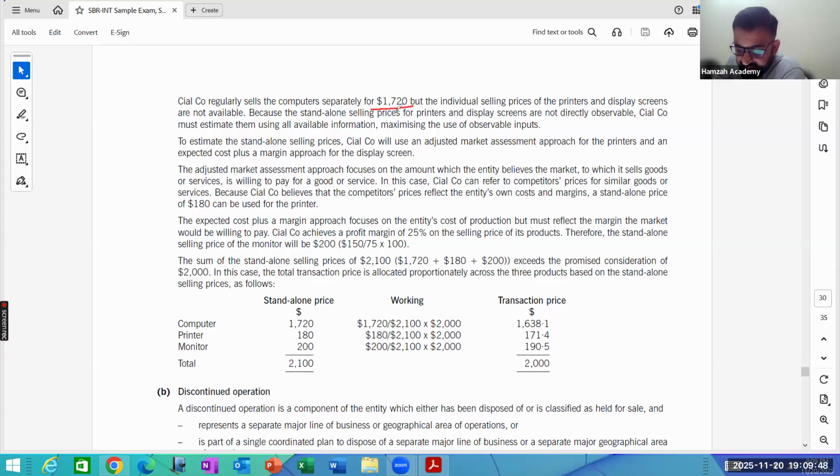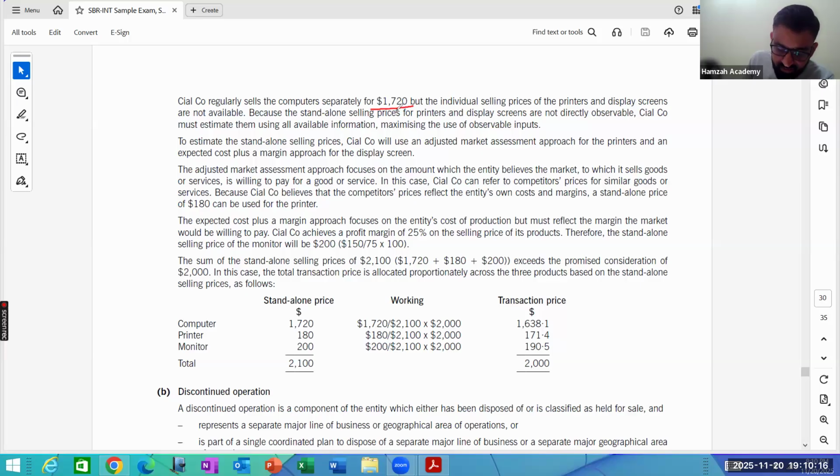In this case, the company can refer to a competitive price for similar goods or services because the company believes the competitor's price reflects the entity's own cost and margin. The standalone selling price of the printer will be 180, by the market assessment approach. And for the screen, they will take the cost and add their margin. So for the monitor, it is 200.